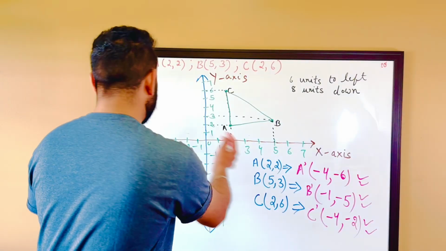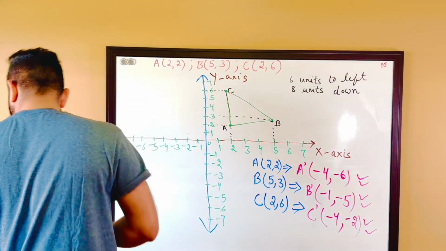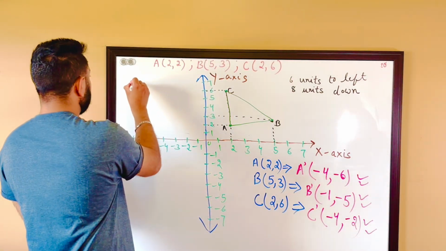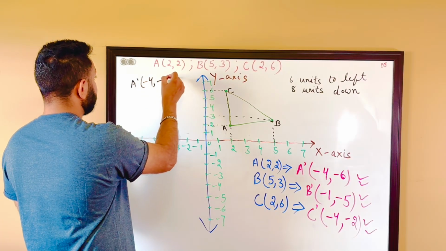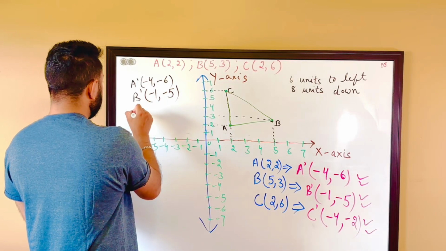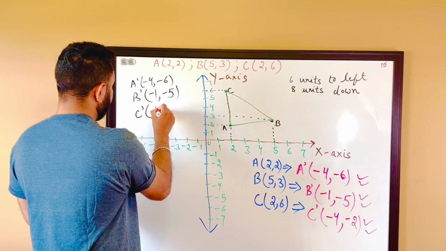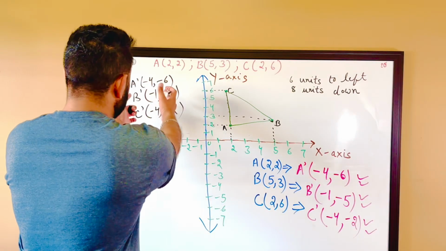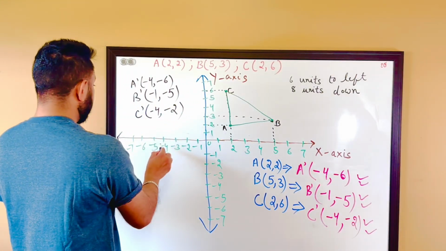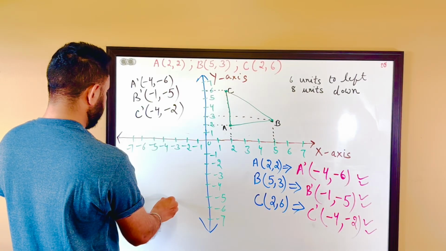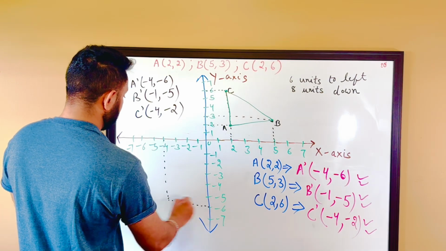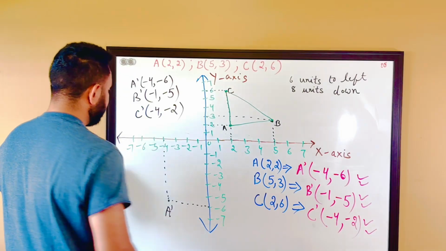So now we're gonna mark these coordinates here on the graph. So A dash is (-4, -6), then (-1, -5) is B dash, and C dash is (-4, -2). So now we're gonna mark these points here. So -4 here and -6, so this is A dash.